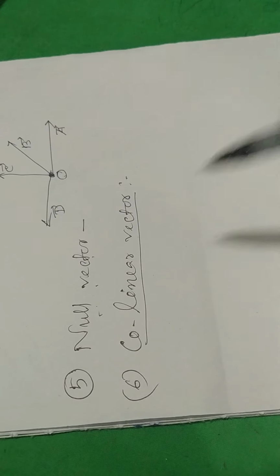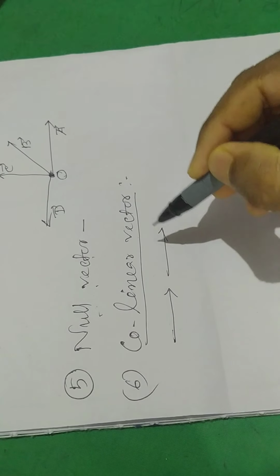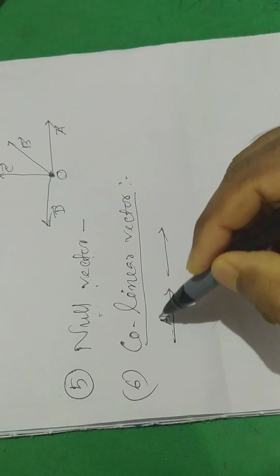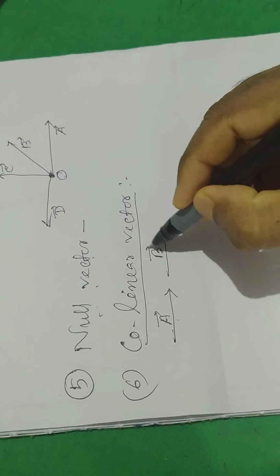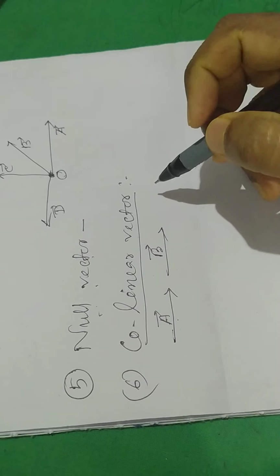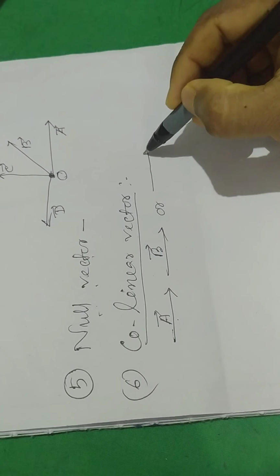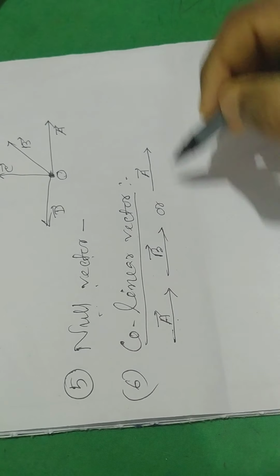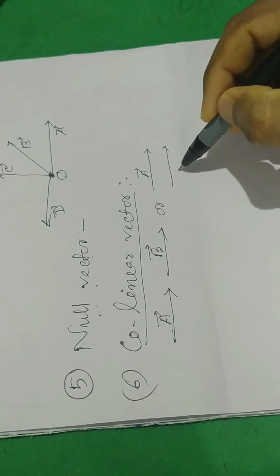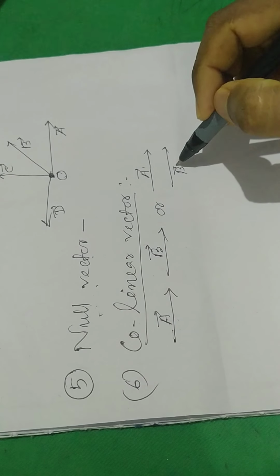What is a collinear vector? Say two vectors are said to be collinear if they act in the same direction. Say A is one vector, B is another vector, they are acting in the same direction. Or these two vectors can act in a parallel direction. A is one vector, B is another vector, so they are parallel.